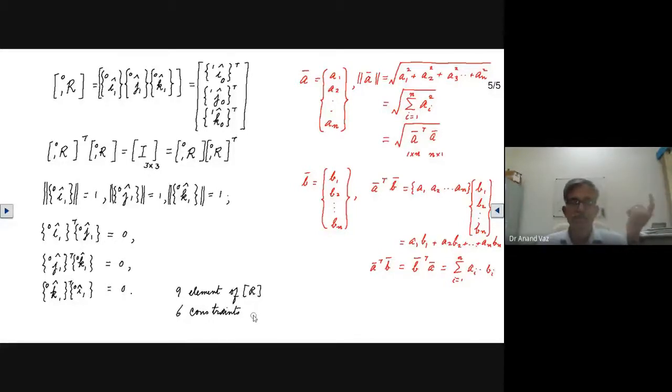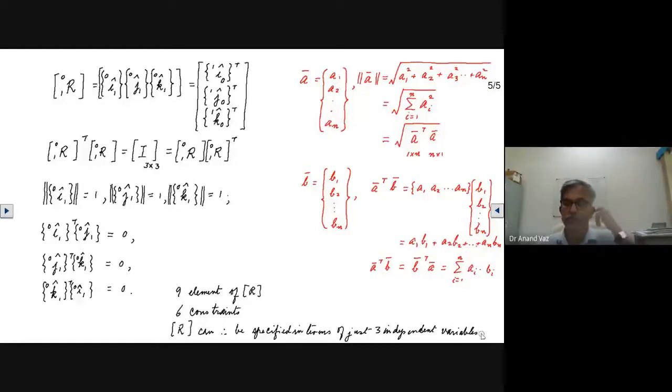So the R matrix can therefore be specified in terms of just 3 independent variables, or we may call them values or numbers.